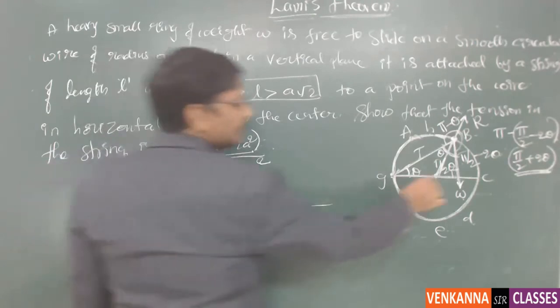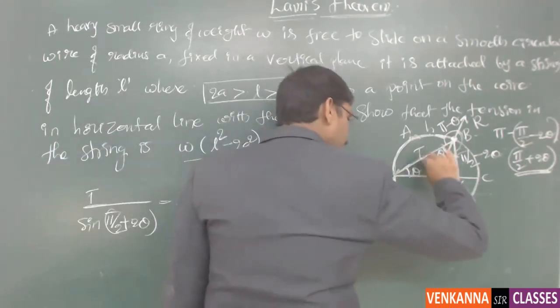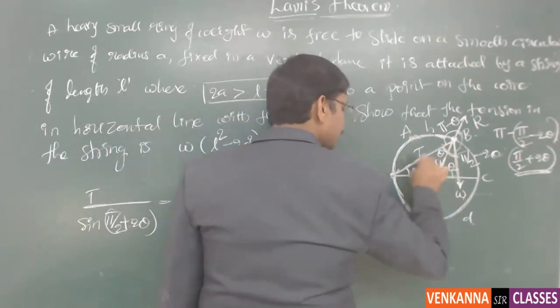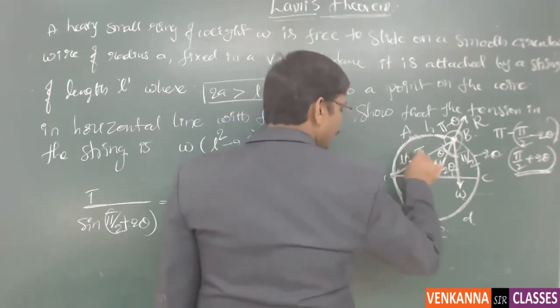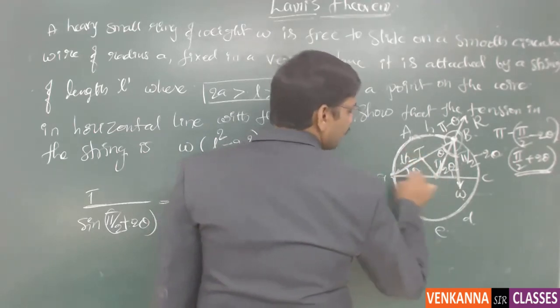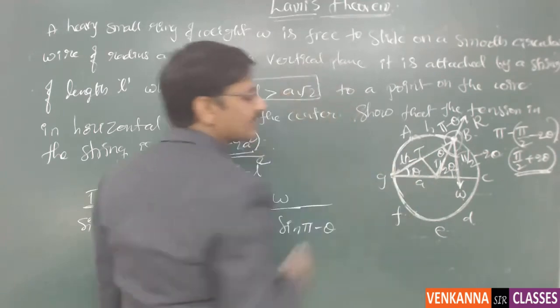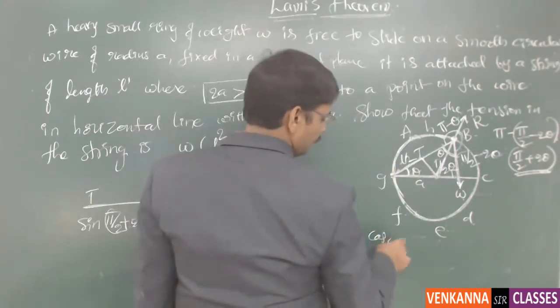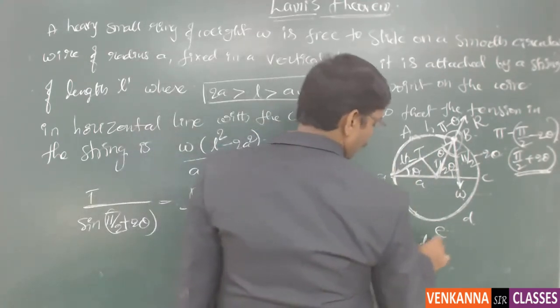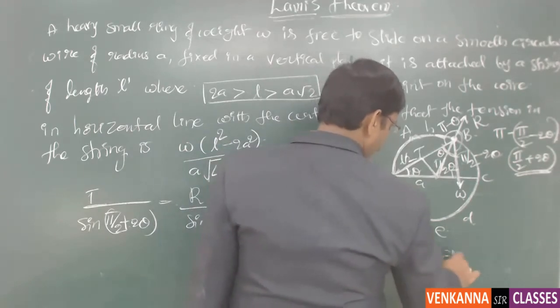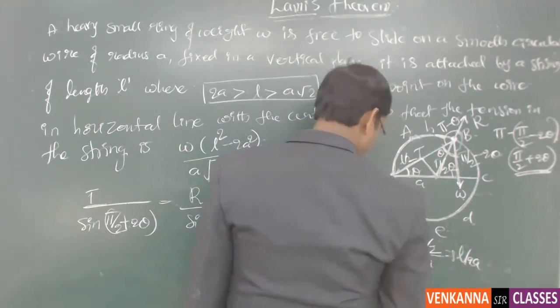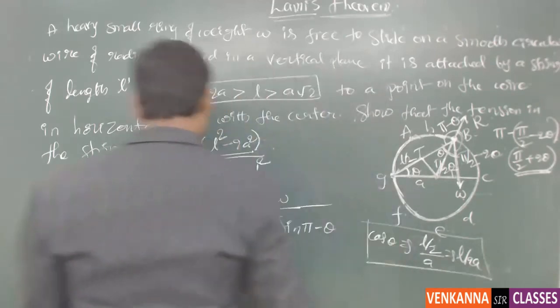Where theta you can identify: this length is nothing but L by 2, and this is theta, and this length is a. So you can express cos theta as L by 2 divided by a, or L by 2a is cos theta. So this relation you can substitute at the end.